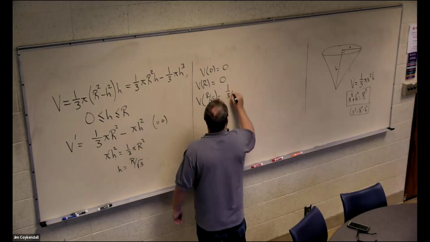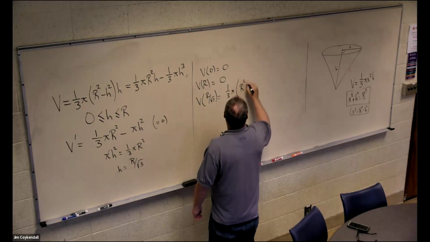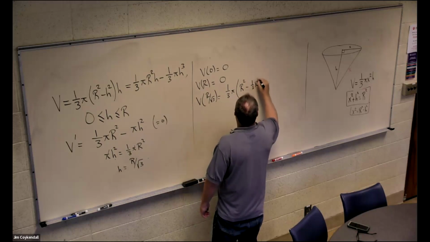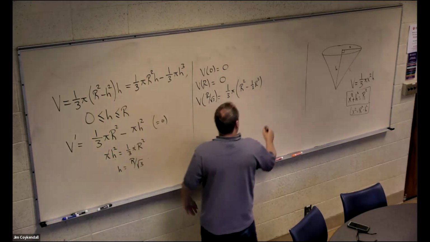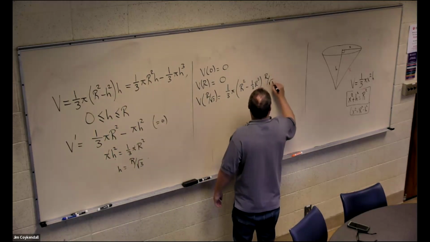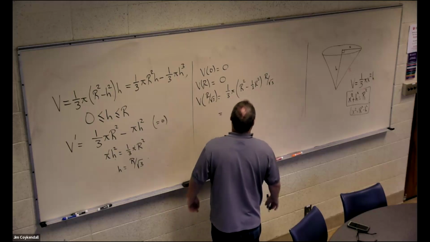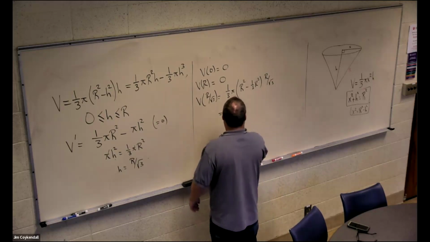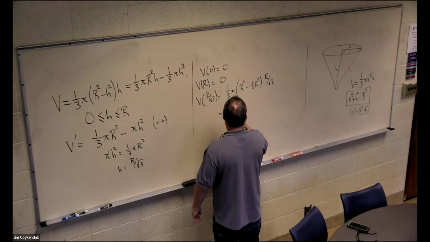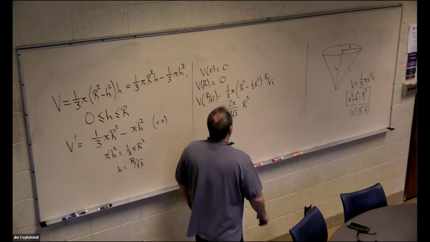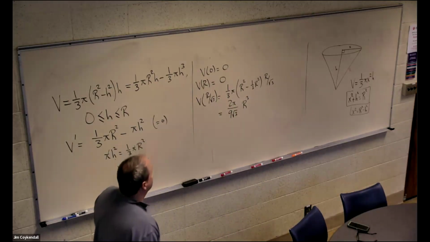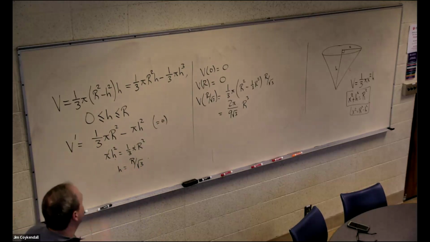I have 1/3 pi R squared minus 1/3 pi R squared over 3, that's what you get when you square that thing, times R over radical 3. So what do I get? 2 pi R cubed over 9 radical 3. There's your maximum volume.